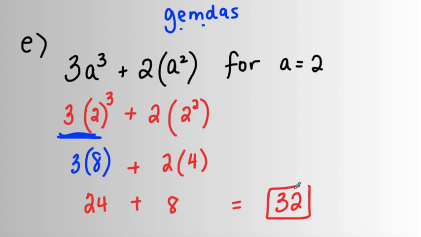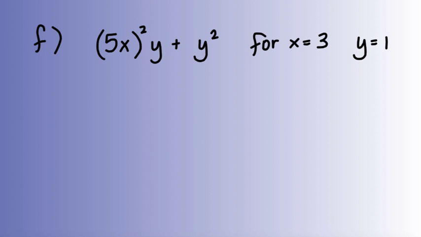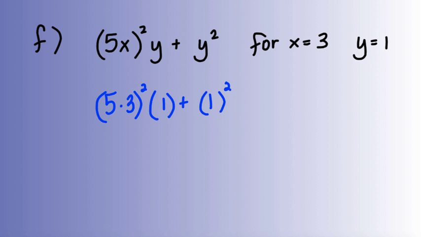All right, one more of these. Now I can make it harder by giving you multiple variables. So just be careful when you're substituting the variables in. You put the right one in. All right, so we've got 5 times 3 squared times 1 plus 1 squared. So 5 times 3 is 15. 15 squared times 1. 15 squared is 225.